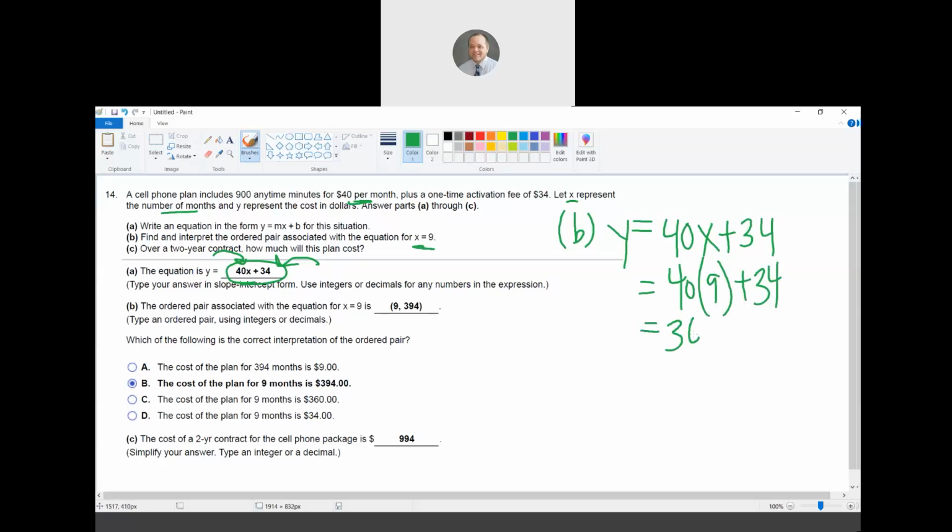And we have now 360 plus 34, which is 394. So our ordered pair in alphabetical order, x is 9 and y is 394.